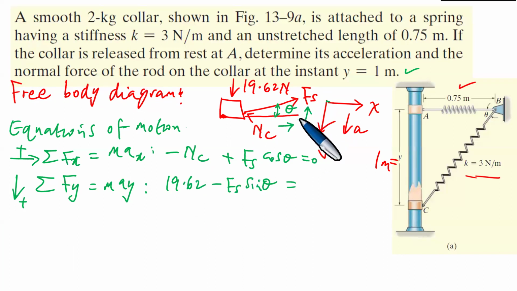But now this one, the 19.62, and the vertical component of the Fs force is Fs sine theta. And this here is going to be the mass times the acceleration by Newton's second law. The mass is 2 and the acceleration is a. This is exactly what we have.